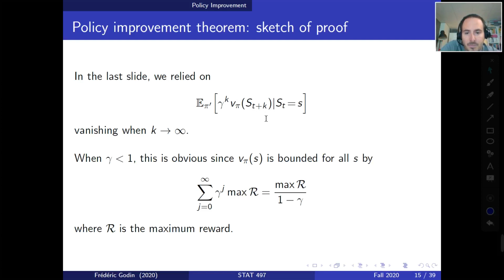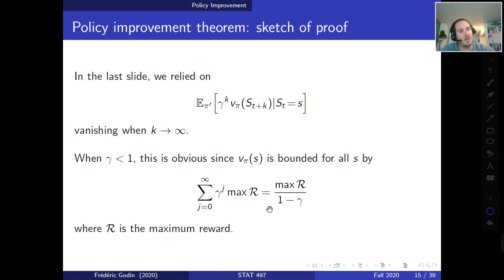The value function is the sum of expected discounted rewards in the future, but the future rewards are bounded by the maximal possible rewards. If we have a finite MDP, and in what follows we're going to assume that our Markov decision process is finite, then v pi of s, which is the sum of discounted rewards, is bounded by the sum of discount factors to the power j times the maximum reward.